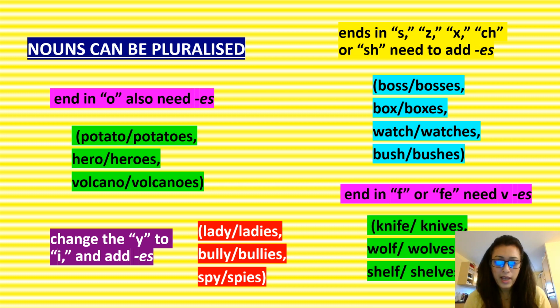For example, lady, remove the Y and just write IES, which is ladies, bully, bullies, pie, pies. Now, for nouns that end in F or FE, you need to change the F to a V and add ES. For example, knife, knives, wolf, wolves, and shelf becomes shelves with a VES.